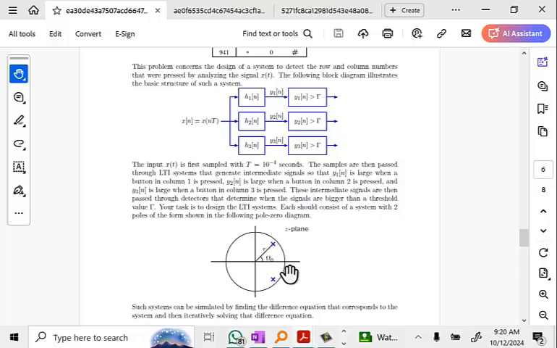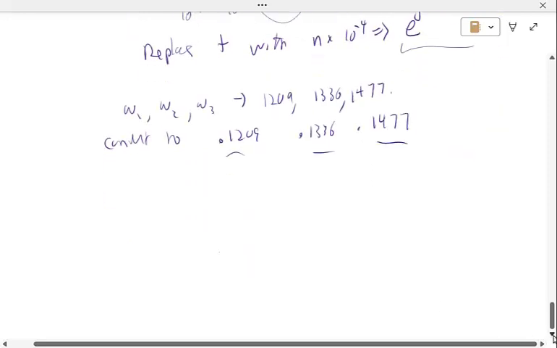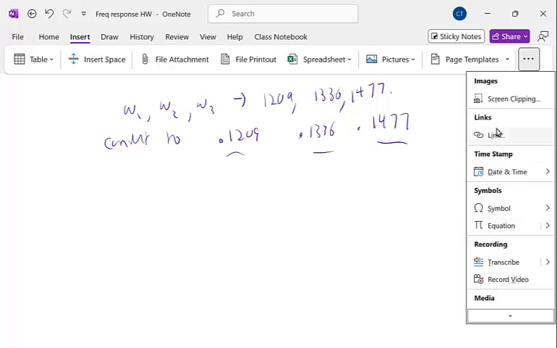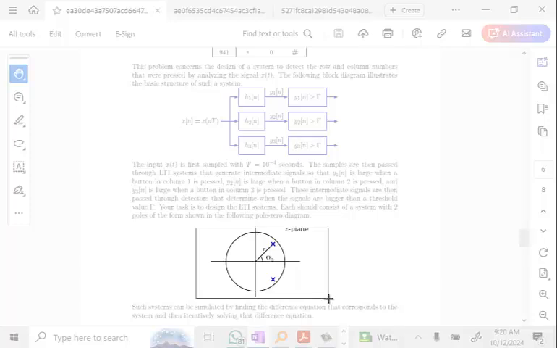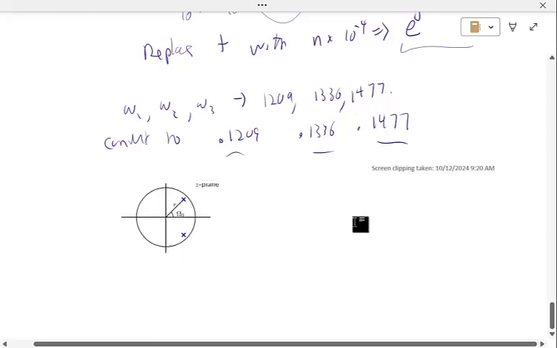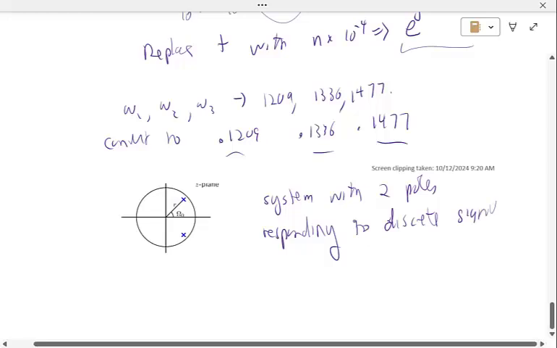So the question is, how does a system with two poles respond to discrete signals of the form, let's just call it e to the j omega prime n? And that's going to be my x of n.